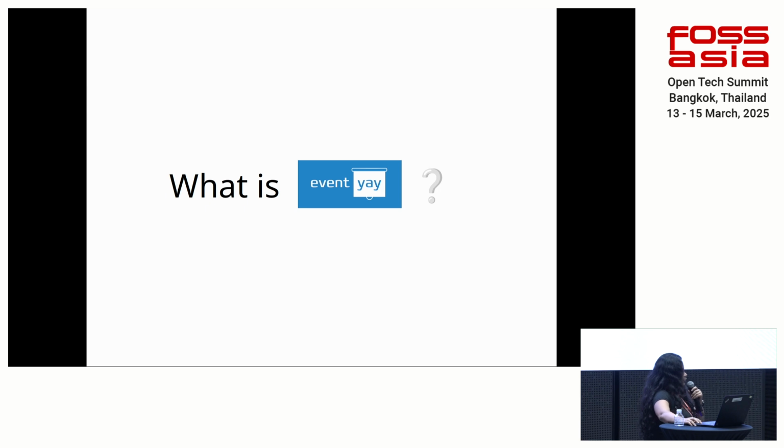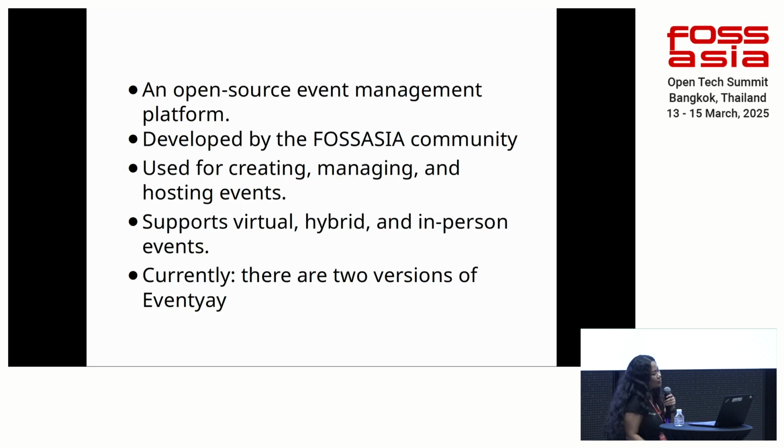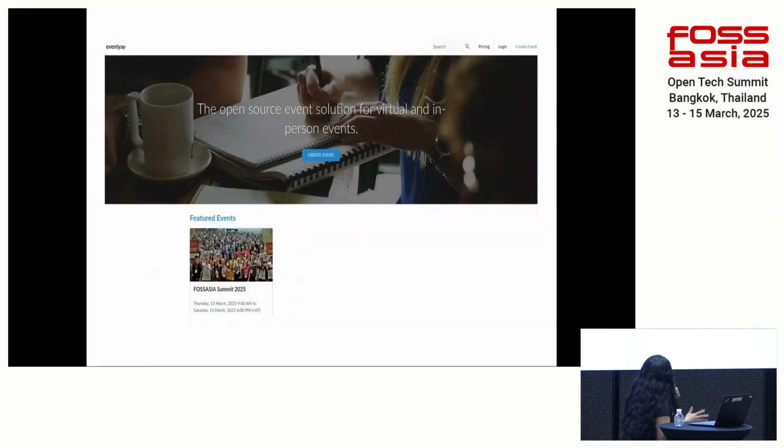So what is Eventyay? It's an open source event management platform where you can check the schedule, buy tickets, and so on. It also supports virtual, hybrid, and in-person events. Currently, we have two versions of Eventyay. This is the old version, which we used for the summit.